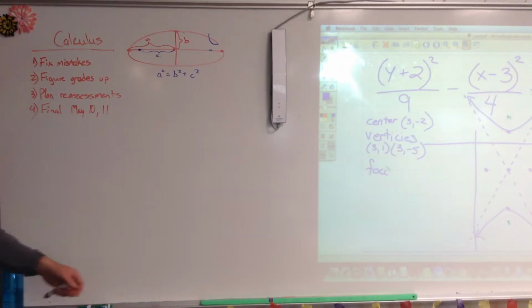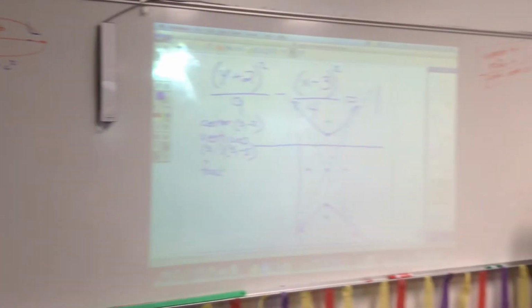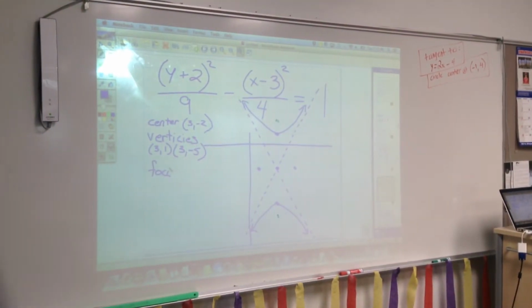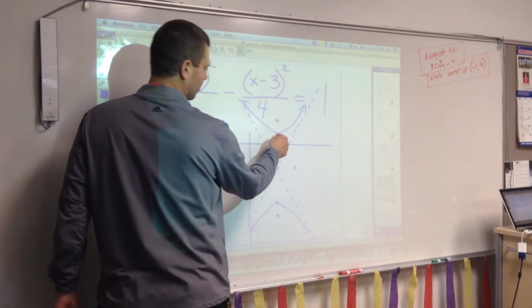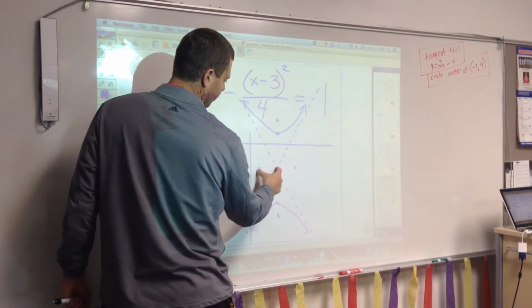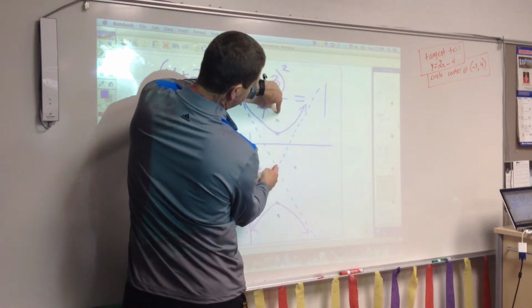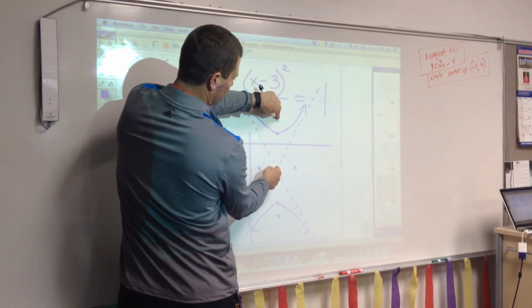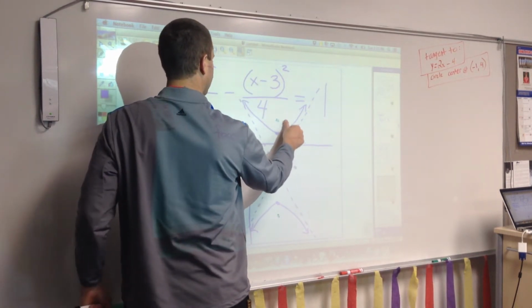Here it's slightly different, because the largest value will be C. A is the distance from the center to the vertex. B is this distance. C is the distance still from the center to the focus. You see how C is the largest value?